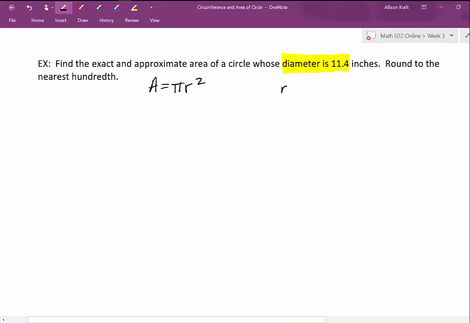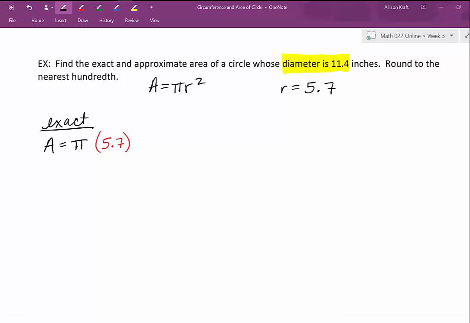So the radius ends up being 5.7, half of the diameter. To find the exact area, we're going to have area is equal to pi times our radius, which is 5.7 squared.